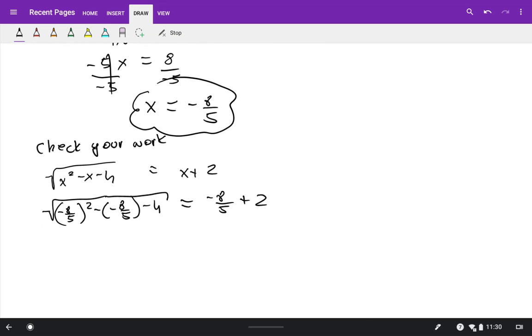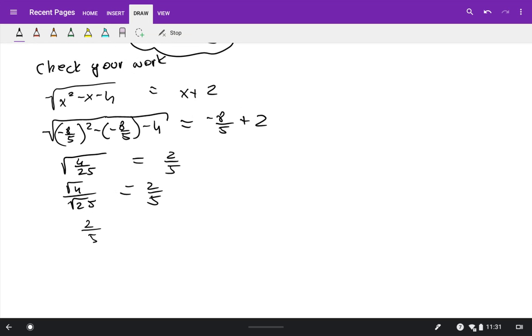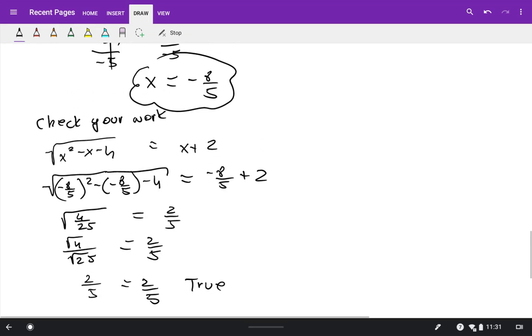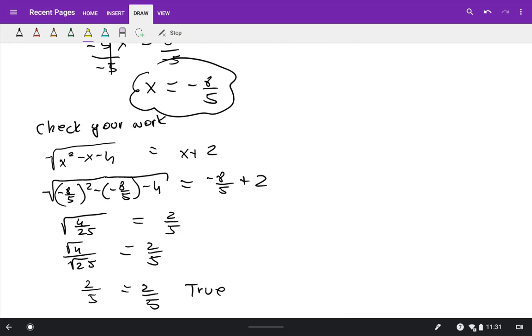And when you simplify that, under square root, you will end up with 4 over 25 equal 2 over 5. And square root of fraction, you take the square root of numerator and square root of denominator, and like you see, this is the true statement. So we end up with 2 over 5 equal 2 over 5. This is true. So definitely our solution, x equal negative 8 over 5, it's a true solution.